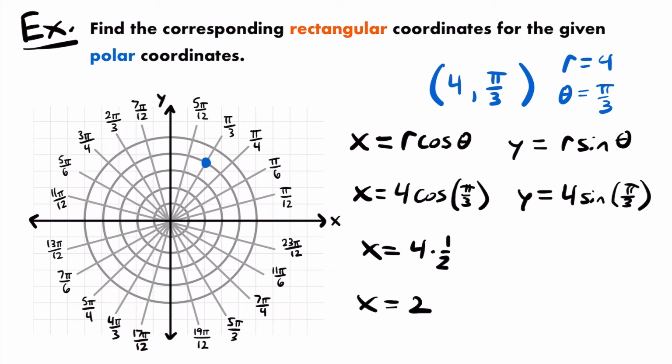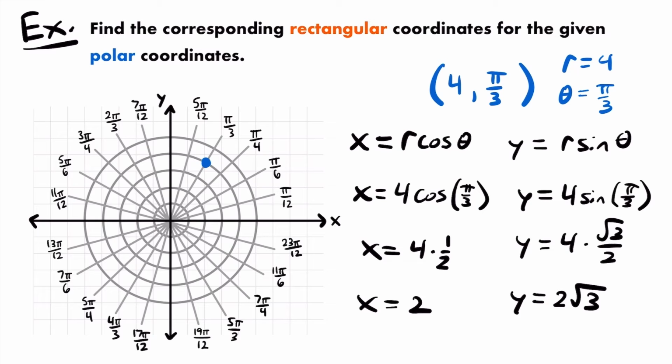For y, sine of pi divided by 3 is the square root of 3 divided by 2. So y is equal to 4 times the square root of 3 divided by 2. Now 4 divided by 2 is 2, so y will be equal to 2 times the square root of 3. I'll write that down: y is equal to 2 times the square root of 3.